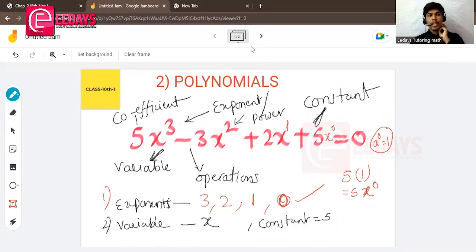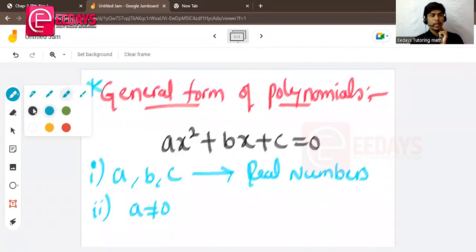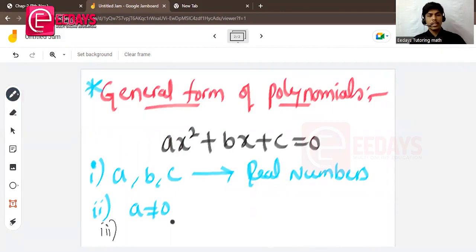And I missed one statement here. The third condition here is that the exponent is every time a whole number.